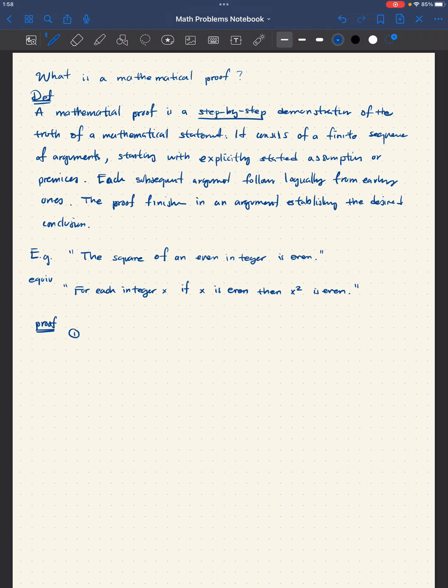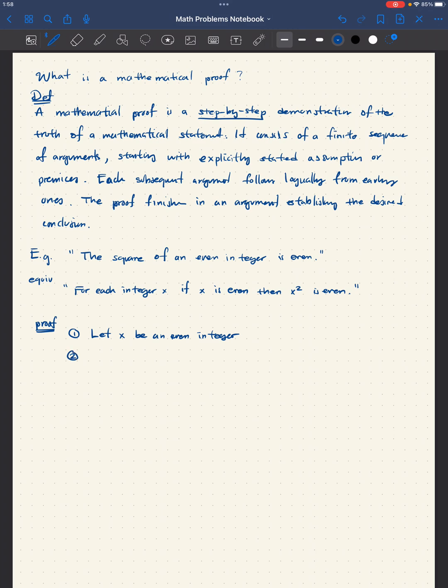The first one will be the assumption, right? So we'll say, let x be an even integer. Okay. So secondly, I'm going to bring a definition associated with this. What does it mean to be even?